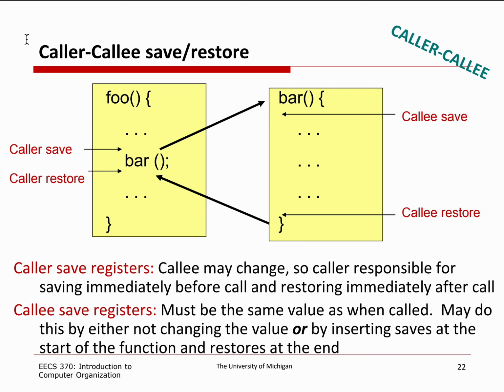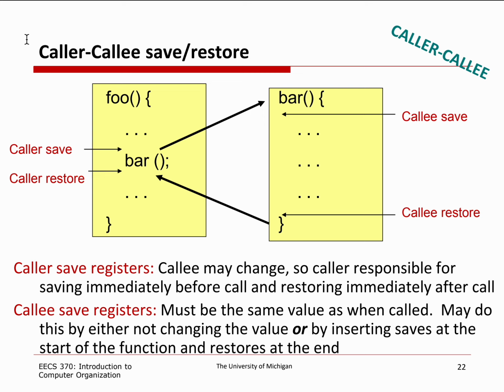Now, callee save is what a function being called is doing. It saves the variables and registers that it uses for its own purposes. It stores them before the main body of the function starts, and it restores them after the function ends.